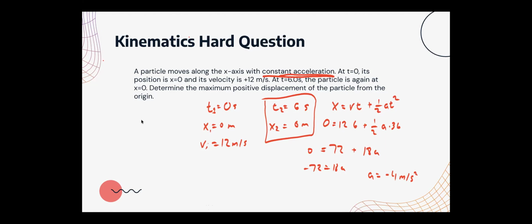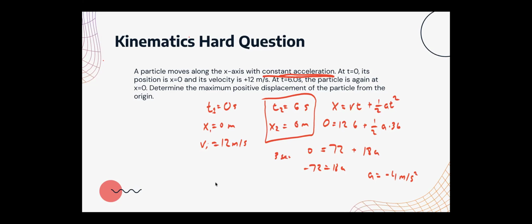Did everyone try to find the acceleration beforehand, or were you just going straight into the maximum positive displacement? Okay, I'm gonna assume you tried to solve for the other ones first. So we know that the maximum positive displacement will happen at 3 seconds, correct?